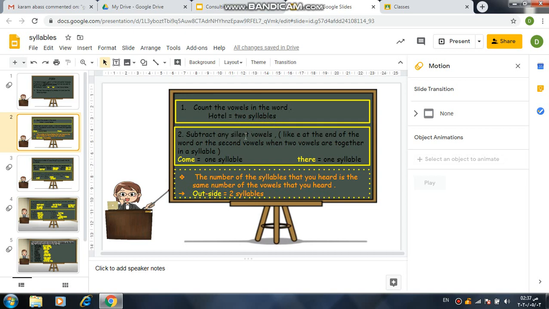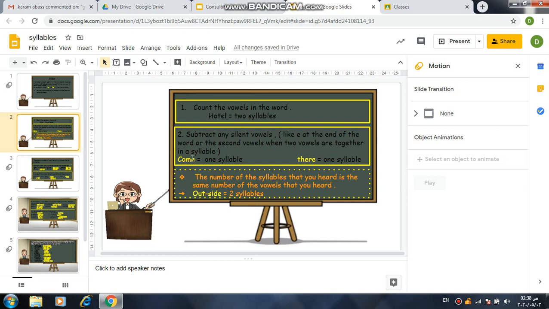Subtract any silent vowels, like E at the end of the word, or the second vowel when 2 vowels are together in a syllable. Look here. Come. As I said, we subtract any silent vowel.